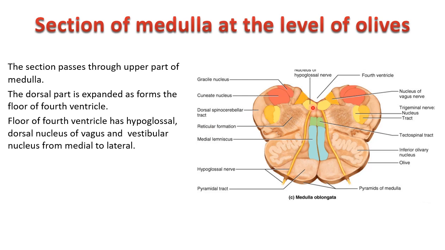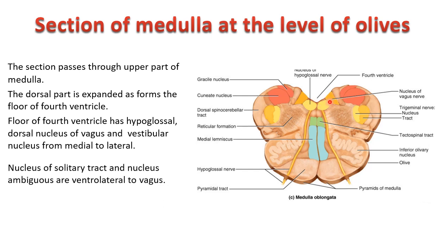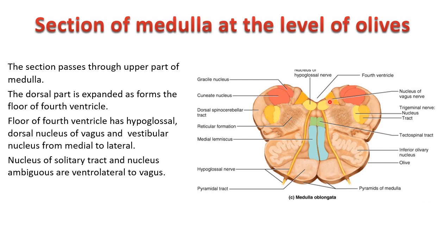So medially hypoglossal, then more laterally you have the vagal nucleus, and then you have the vestibular nucleus, from medial to lateral. Okay, and then you have the nucleus of tractus solitarius, all continuing. So in the reticular formation, you will have the nucleus ambiguus.